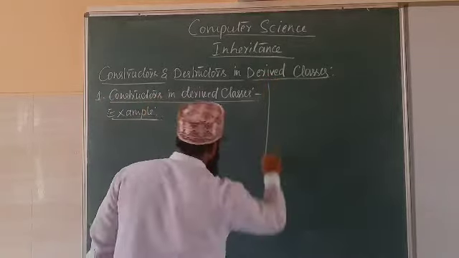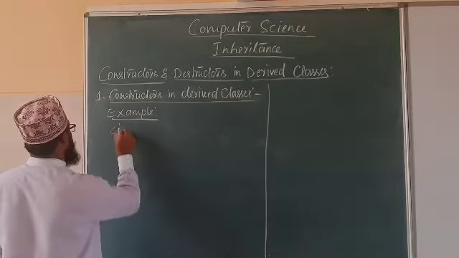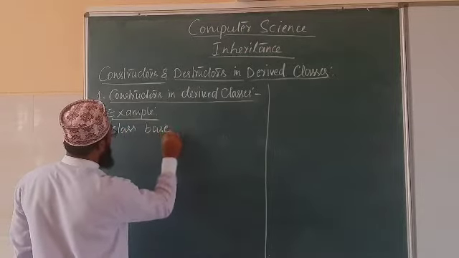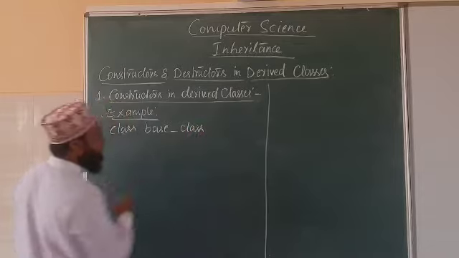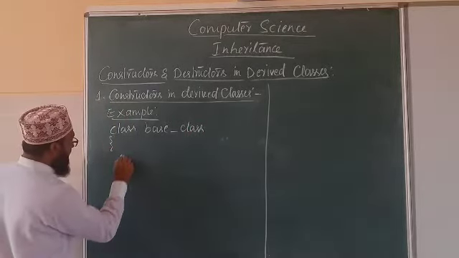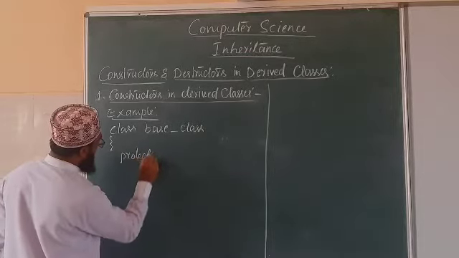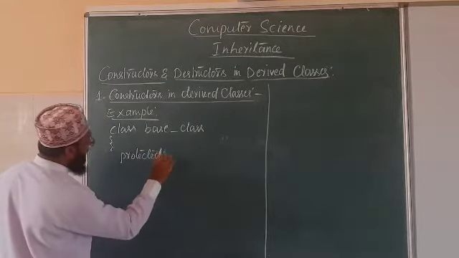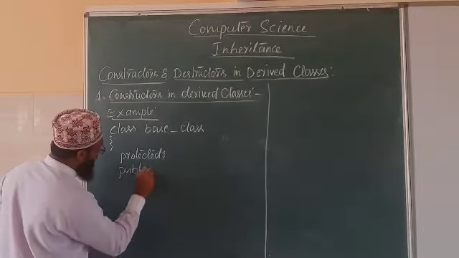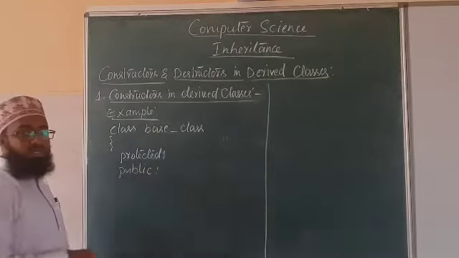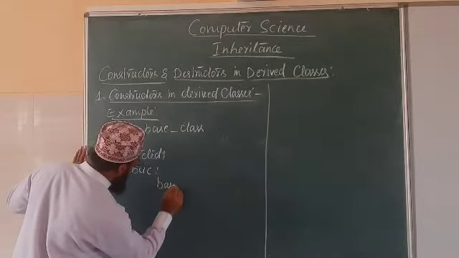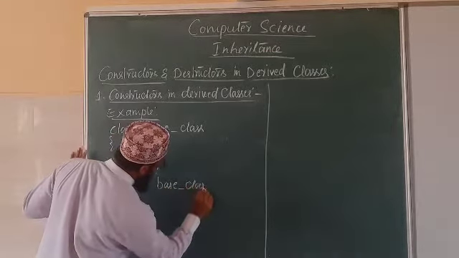I will put a line here. Class, that is base class. After that, open class, then protected. Then after protected, public. Under public, give the base class constructor, that is base class.